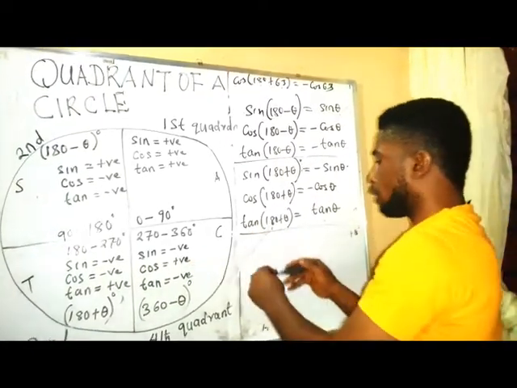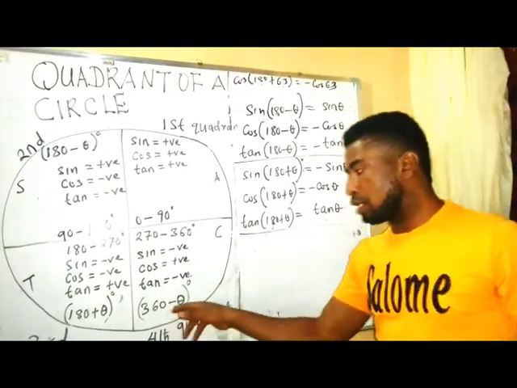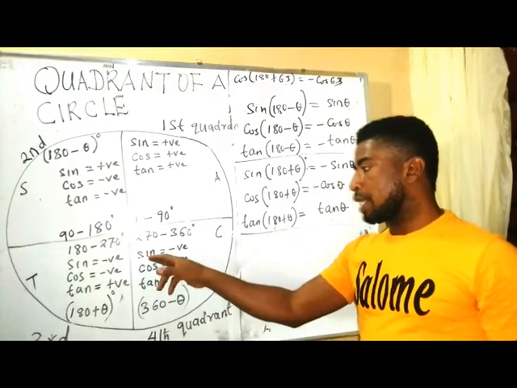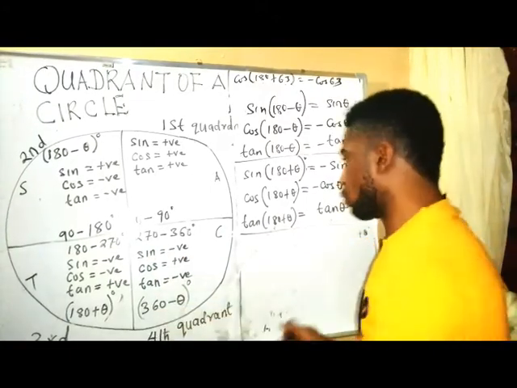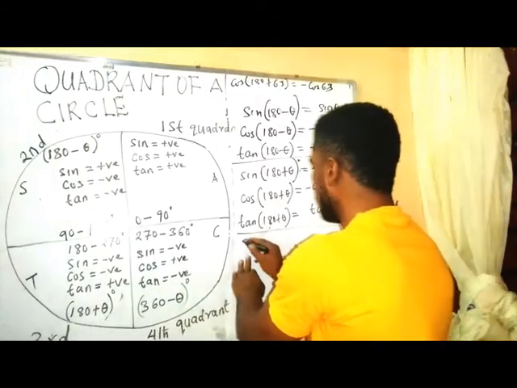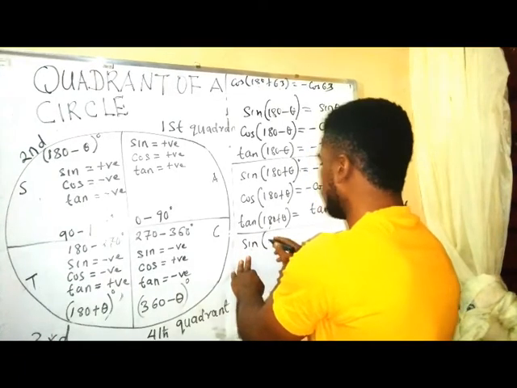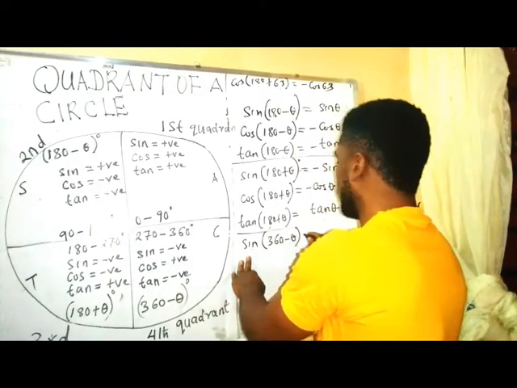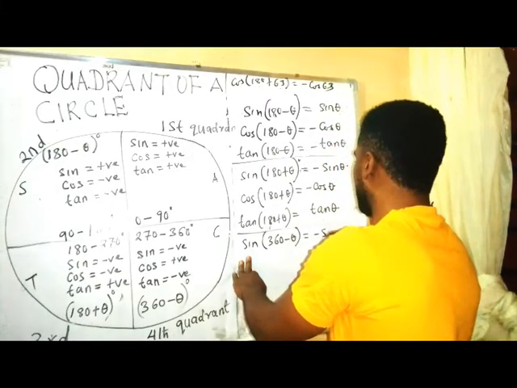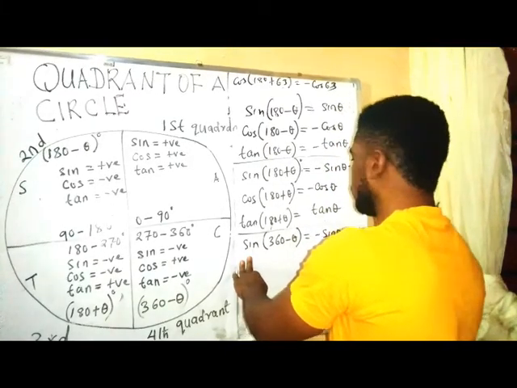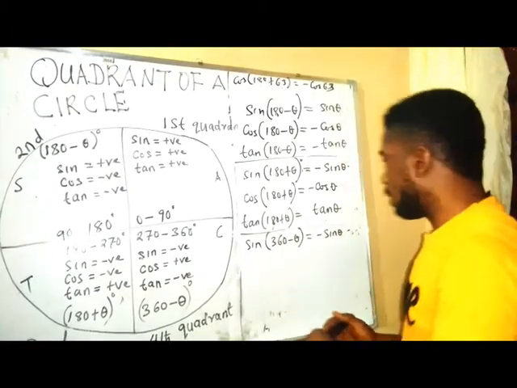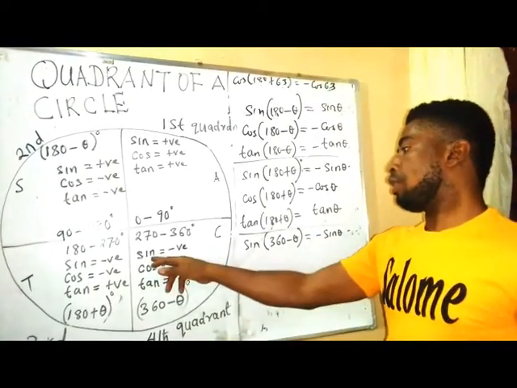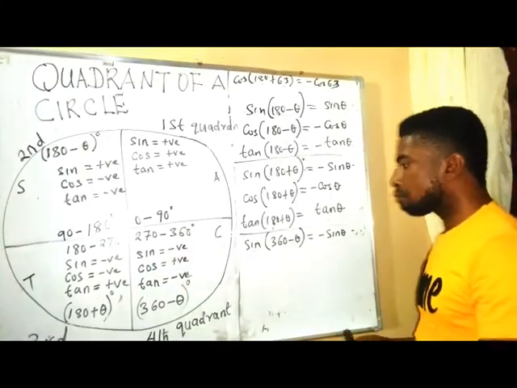Then in my fourth quadrant, the range of the angle is 360 minus theta. Let me get the sine of this range of angle. Sine of 360 minus theta will give you minus sine theta, and you remember that this minus is so because here sine is negative.